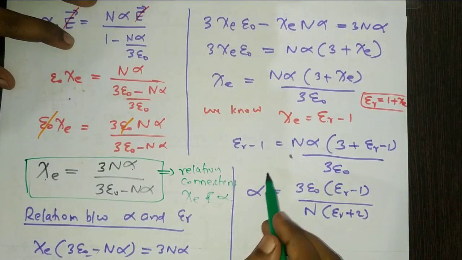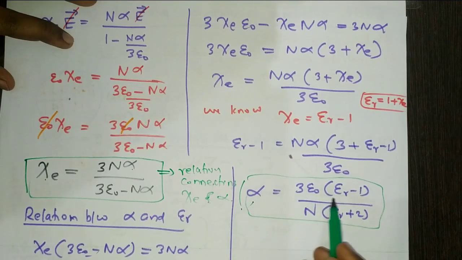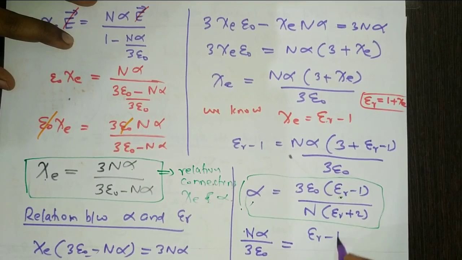This is the relation connecting the atomic polarizability alpha, a microscopic quantity, to the relative permittivity epsilon r, a macroscopic quantity. This is called the Clausius-Mossotti equation. If I rewrite it in another way, that is N alpha divided by 3 epsilon 0 is equal to epsilon r minus 1 divided by epsilon r plus 2.